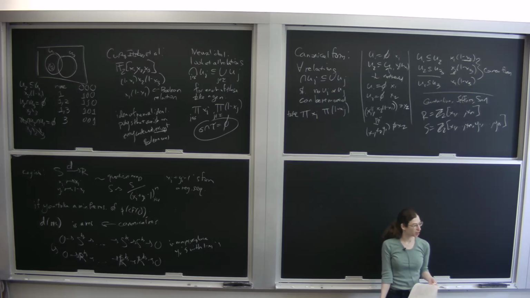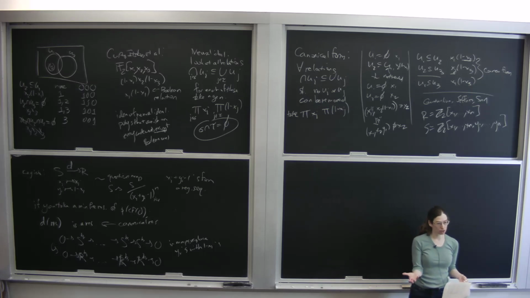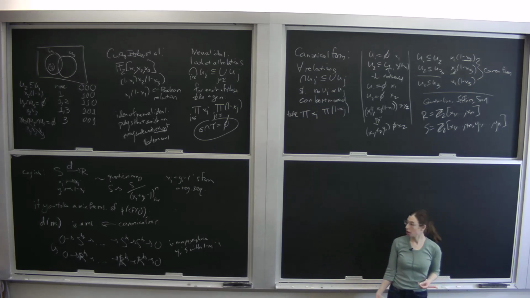Get rid of stuff that's divisible by anything else. Any ideal in the primary decomposition that has an xi and a 1 minus xi is going to go away. So actually the proof that Hugh and I did was basically going through that primary decomposition and seeing what actually happens.